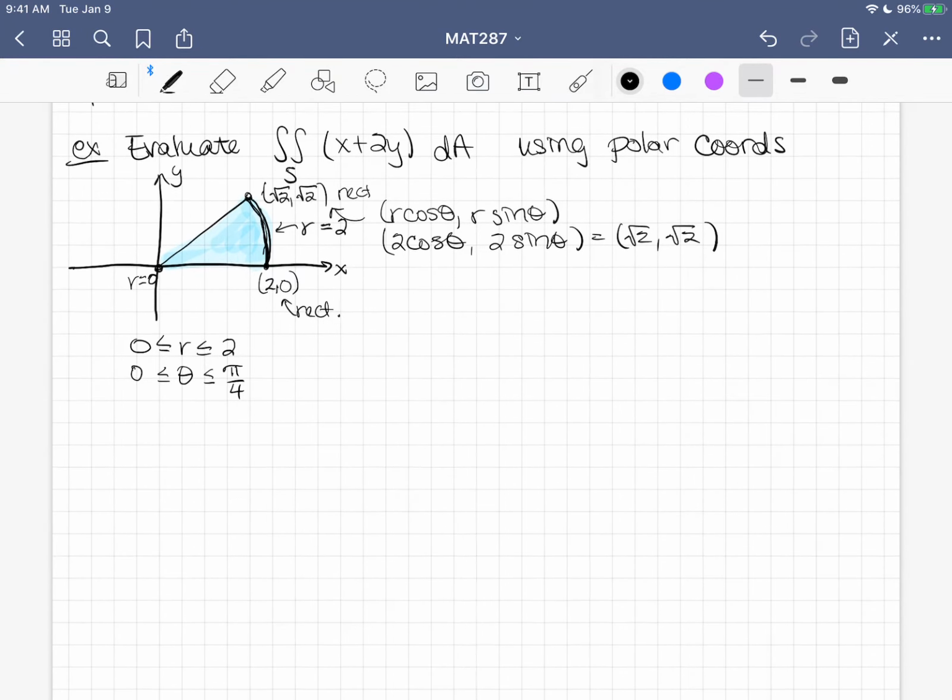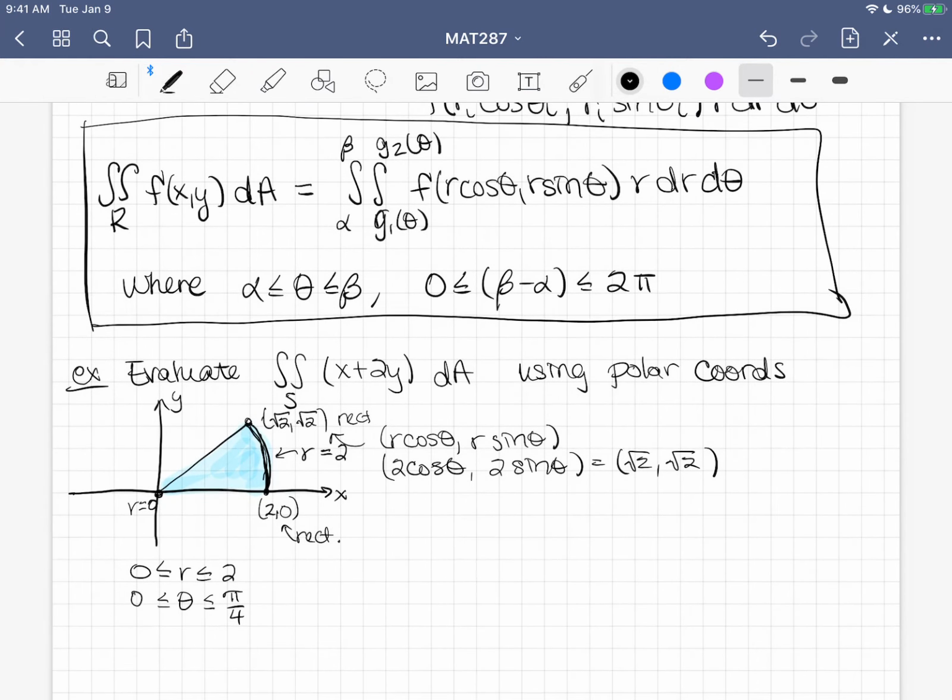All right, so I've got my description of this region in polar coordinates, and now I just apply the result from the last video.